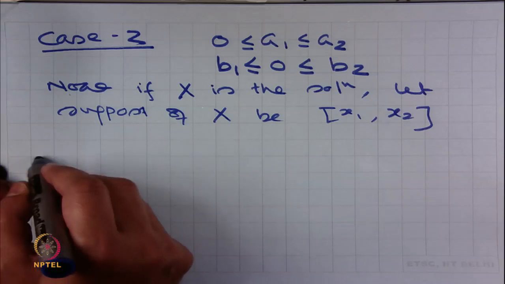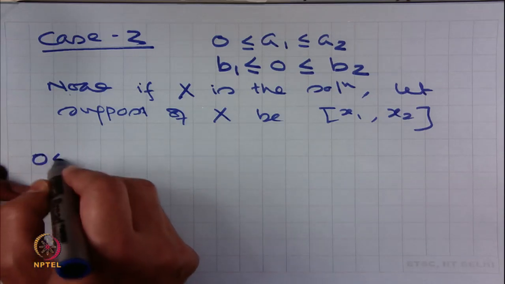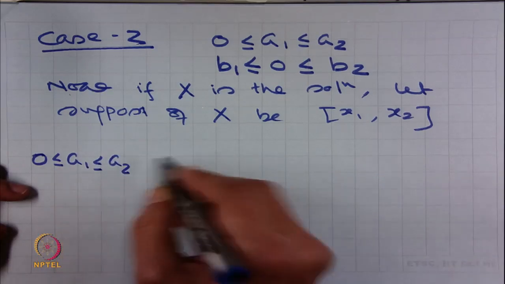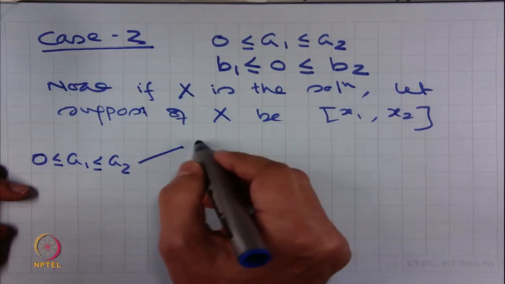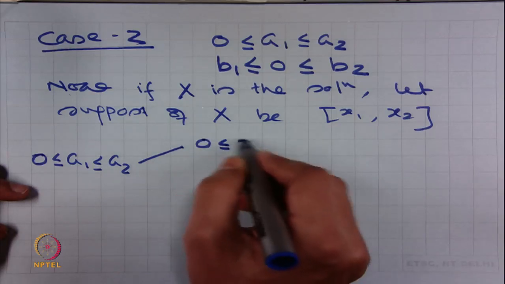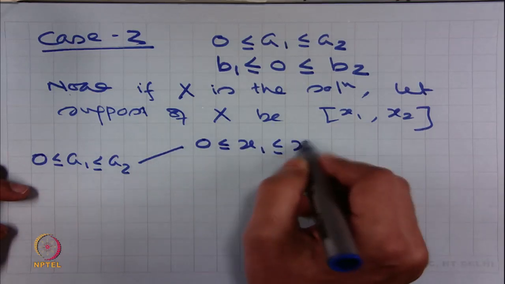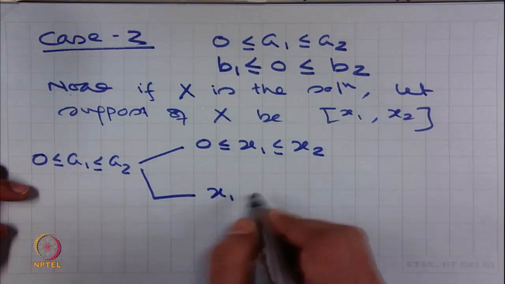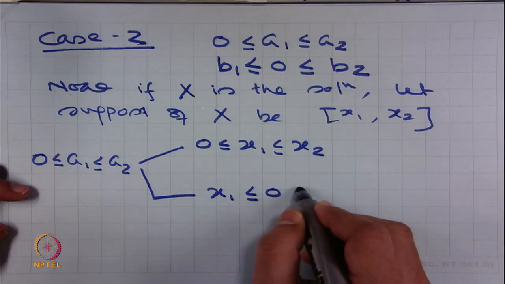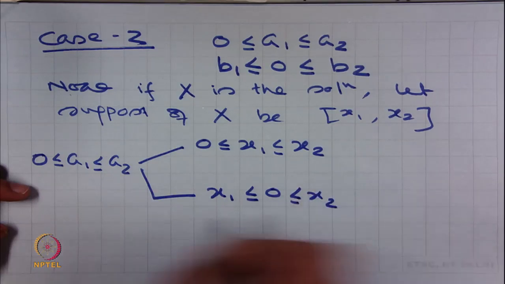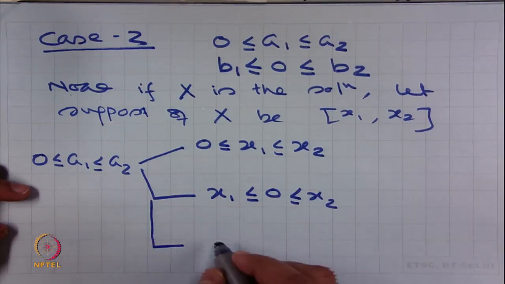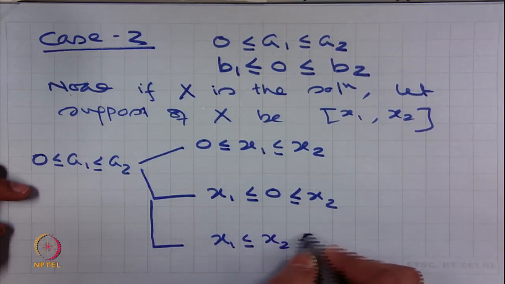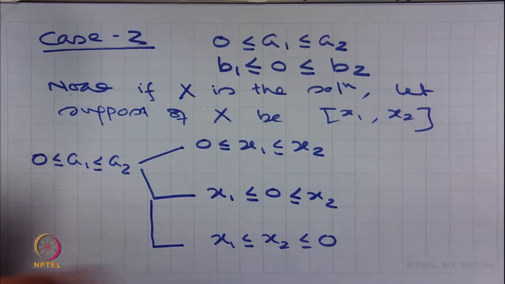On one hand, we have 0 less than equal to A1 less than equal to A2, but we have three cases: 0 less than equal to x1 less than equal to x2, x1 less than equal to 0 less than equal to x2, and the third case is x1 less than equal to x2 less than equal to 0.